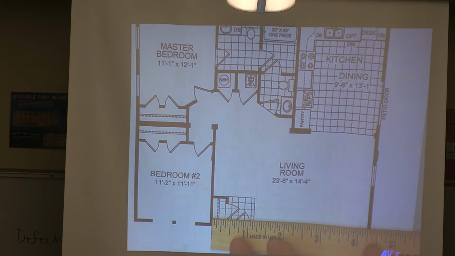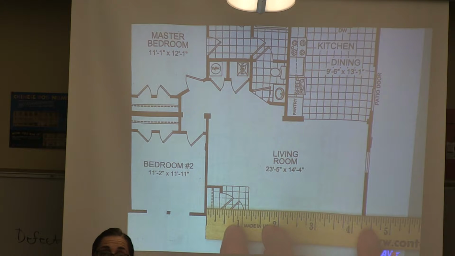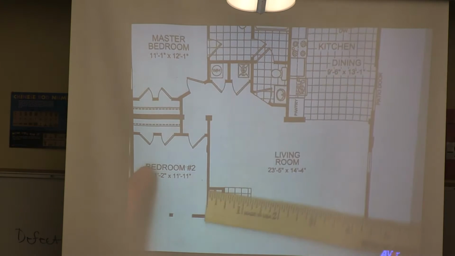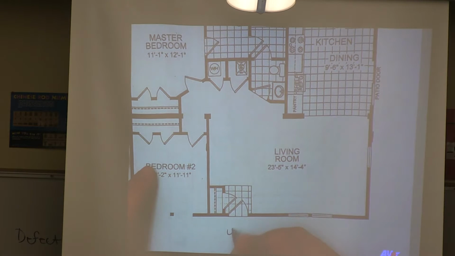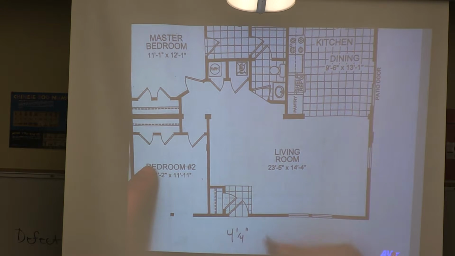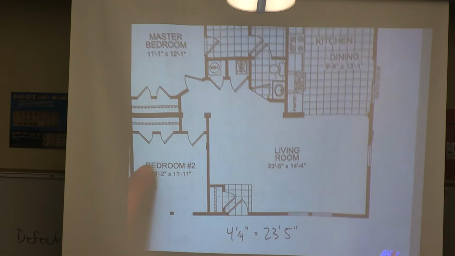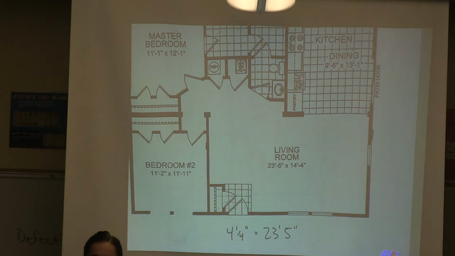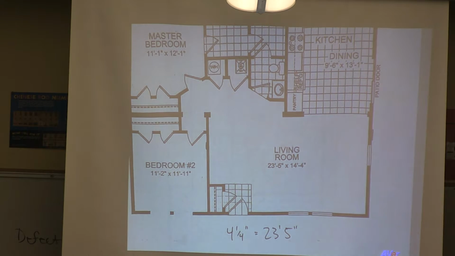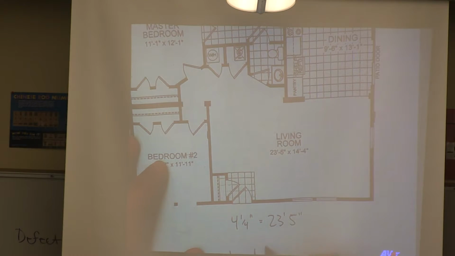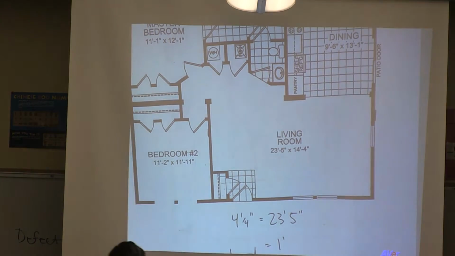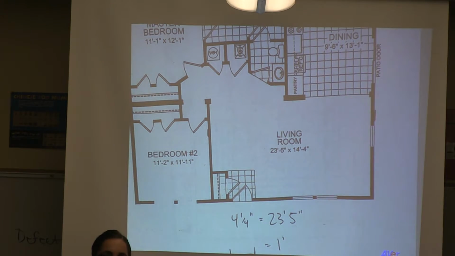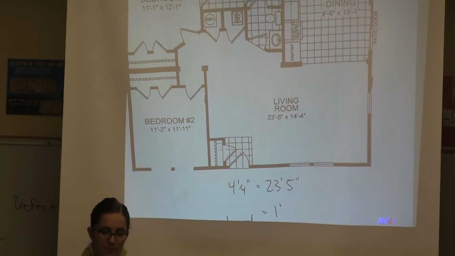I'd say 4 4/16, which simplifies to 4 1/4. So I have that 4 1/4 inches is representing 23 feet and 5 inches. But I want to know how much of this represents 1 foot. That's what I'm trying to figure out.